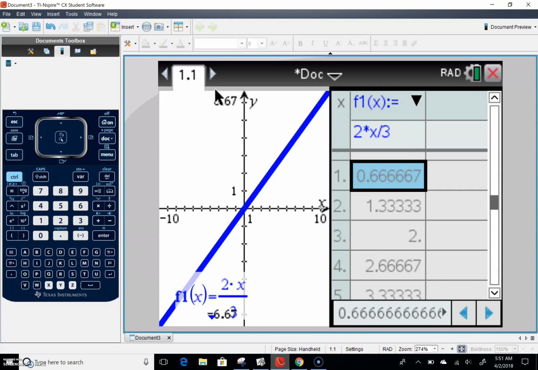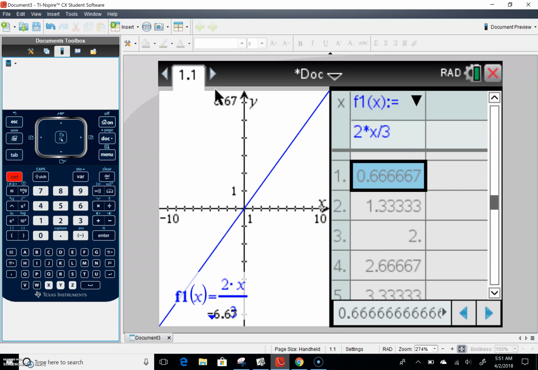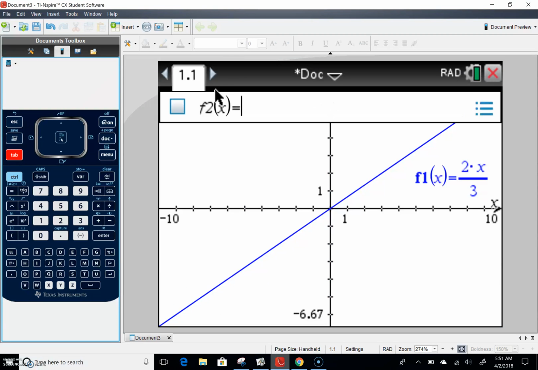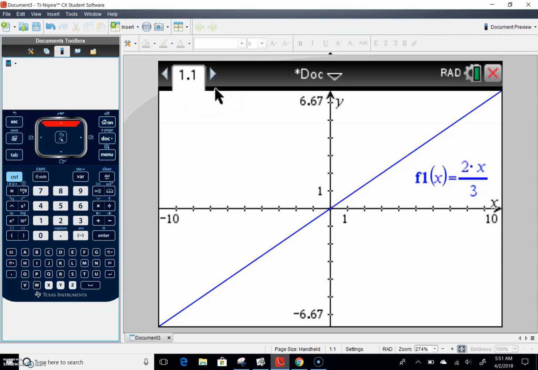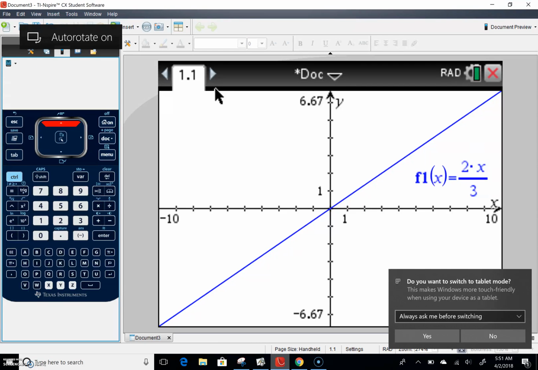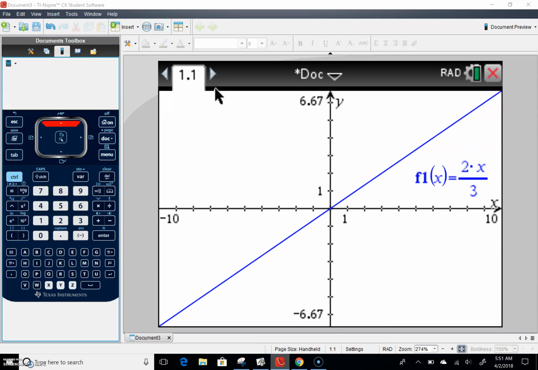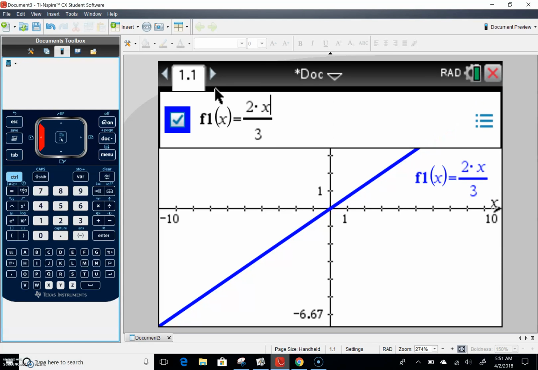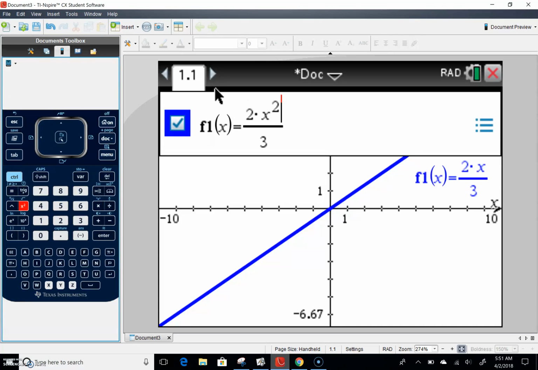So I'm going to put Control T to get out of there. Tab, go back up. I put a square there, and I need to delete that. 2x.